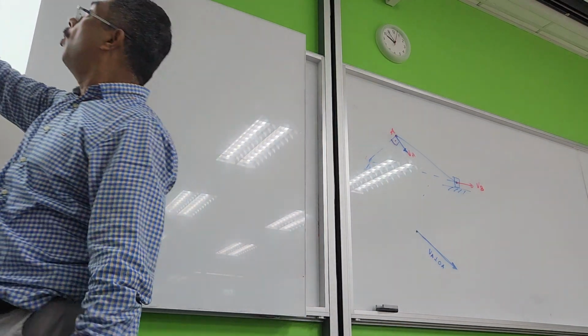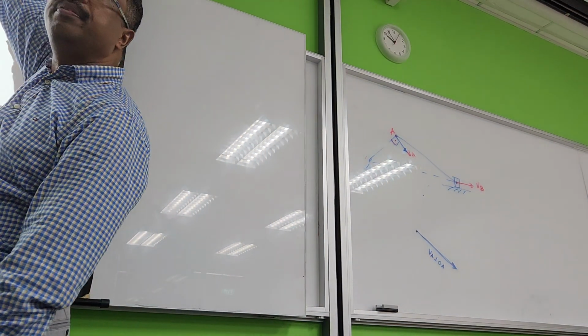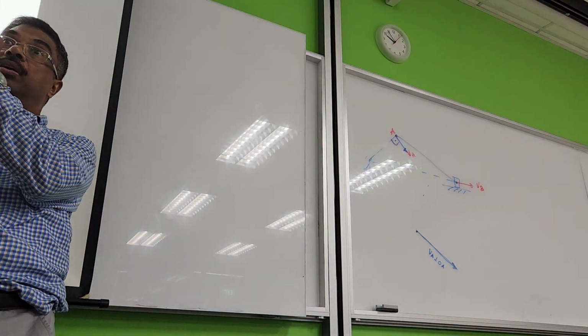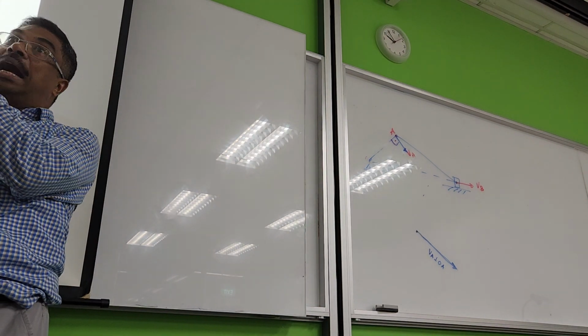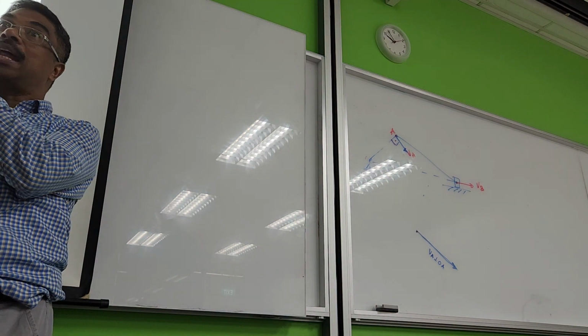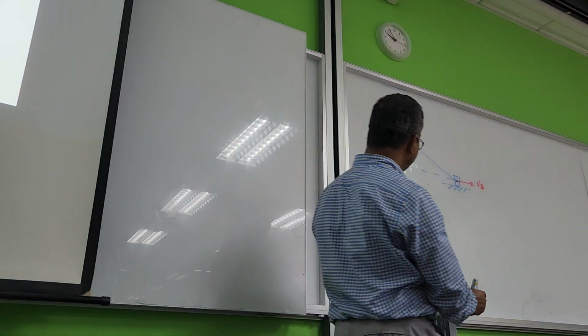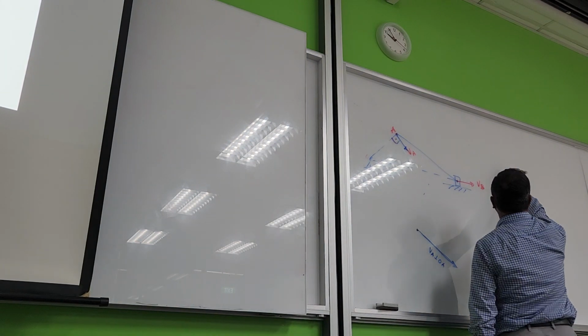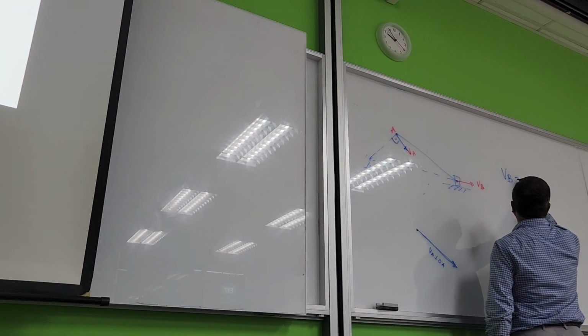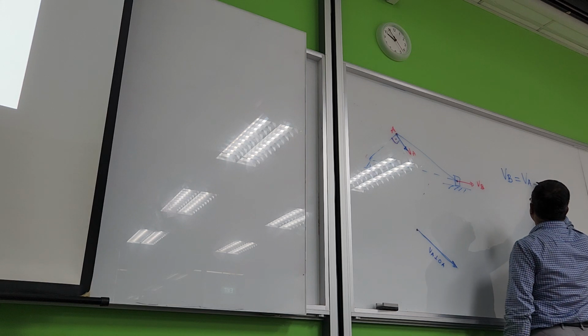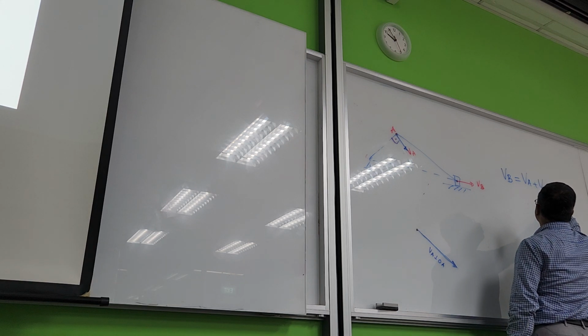The equation says where our VA finishes, plus VBA, right? So from the tip of VA, our VBA should start. But how will it be directed? It will be directed perpendicular to AB. So look at here. I write down the equation for you because it is very difficult to see. VA plus VBA, that is our equation.